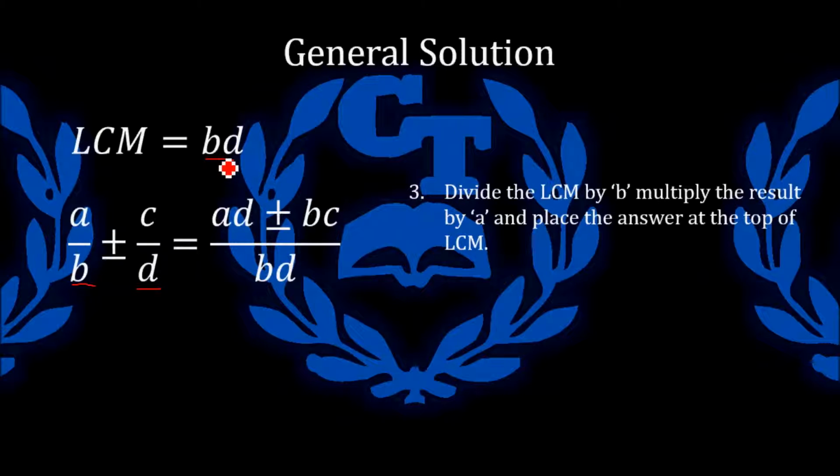So we take that LCM BD and we divide it by B. If you take the LCM BD and divide it by B, you would simply get a value of D. Now this D value is placed here and multiplied by the numerator of the B value.